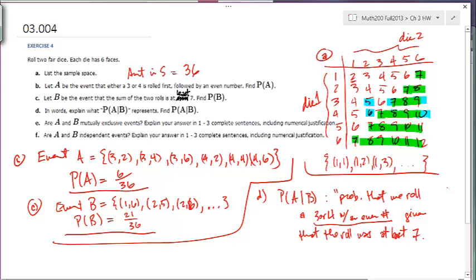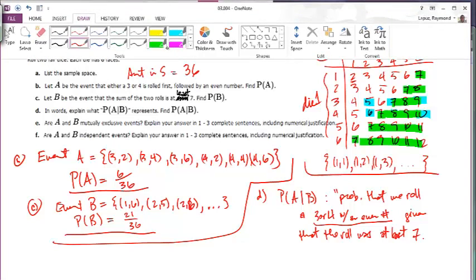So what we want to do for this particular problem is look at all the possible events in B, and out of all those possible events in B, how many of them would fall under event A. Let's see if that made sense.